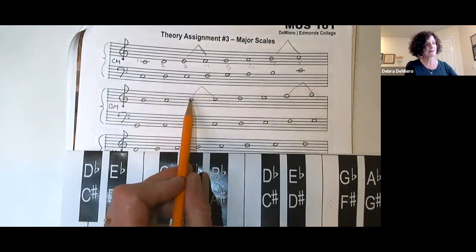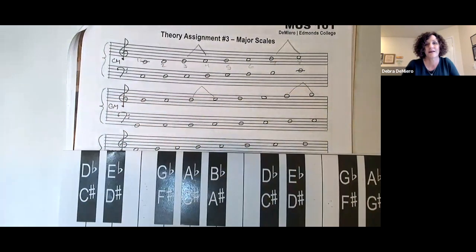All of these distances in a major scale, the other ones, they're whole steps. And if you think of do, re, mi, fa, sol, la, ti, do, I just sang a major scale. C, D is a whole step.